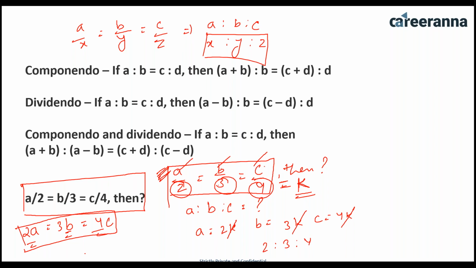So if 2a equals 3b equals 4c, please find out a is to b is to c. This is the question.